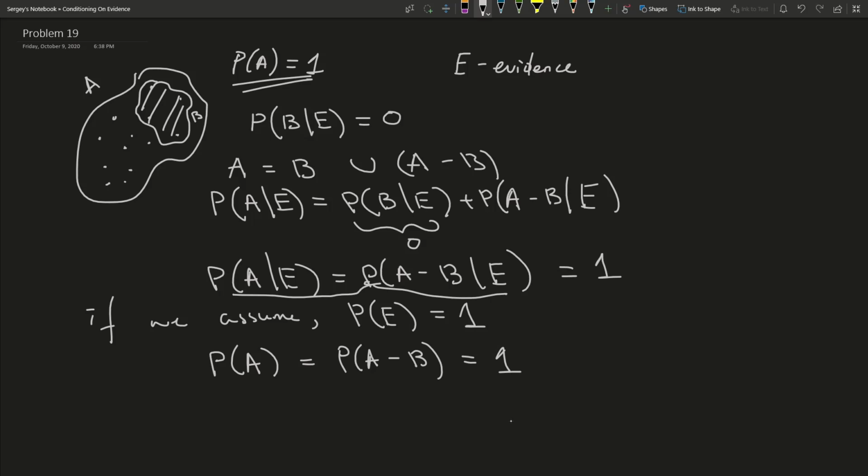So what this implies now is that whatever remains, the set A minus B, the scenarios that are left after we had observed our evidence, the probability of that set of scenarios is 1, meaning one of those scenarios has to have occurred. So whatever remains must be true, as corroborated by Sherlock Holmes.